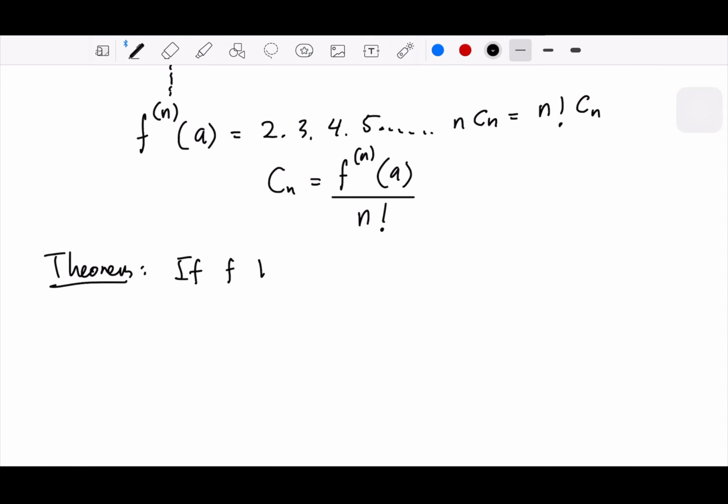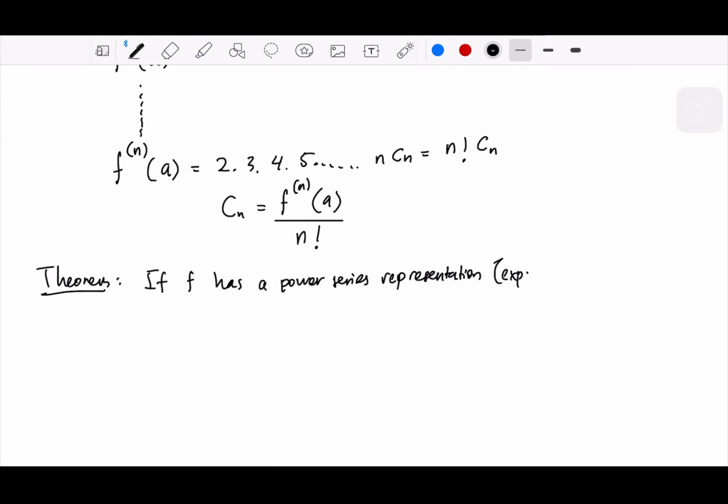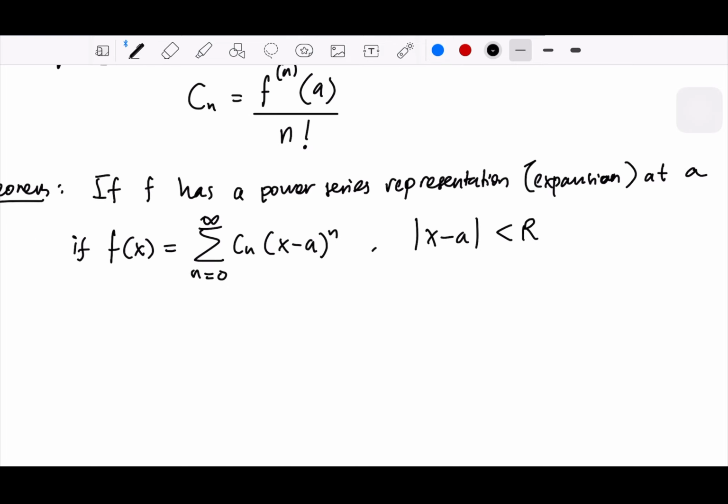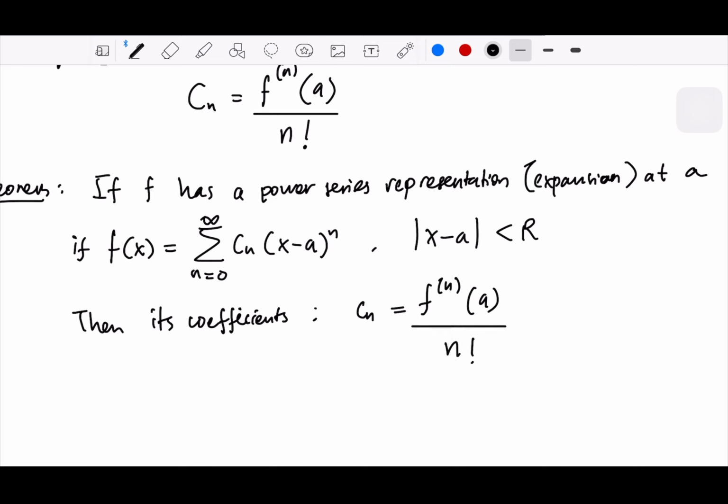If f has a power series representation, an expansion at a, if f of x is some power series, then its coefficient will be equal to that formula.